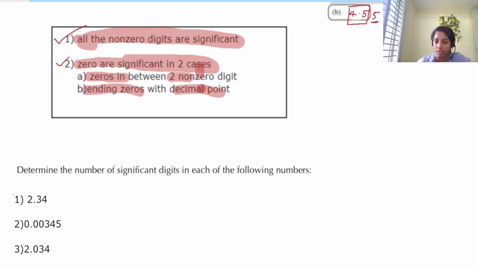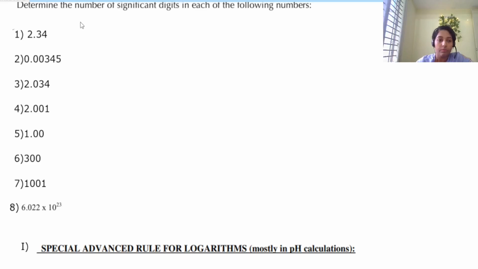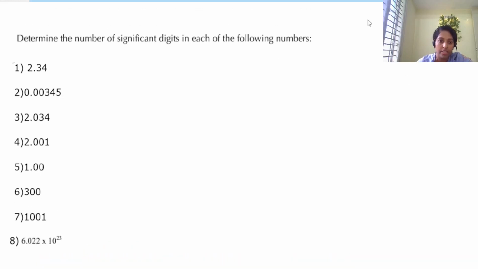Let's see what this one is. For example, if these are the numbers, look at the first one, 2.34. How many significant figures are there? We studied that all the non-zero digits are significant. So 3 significant figures are there.